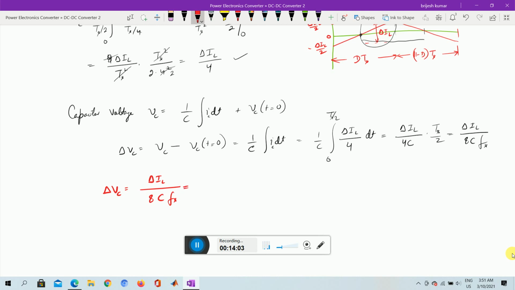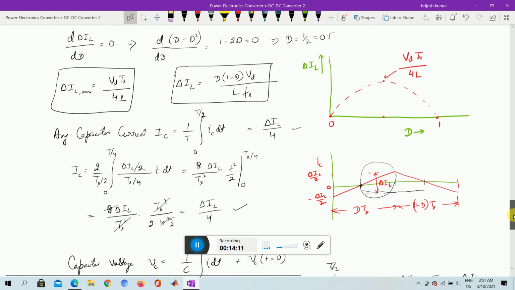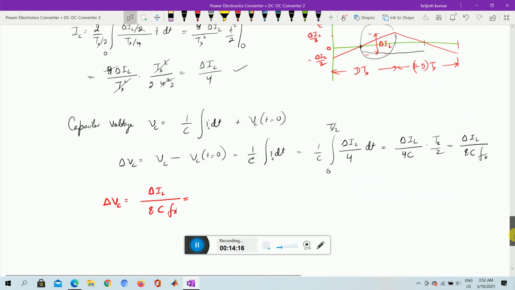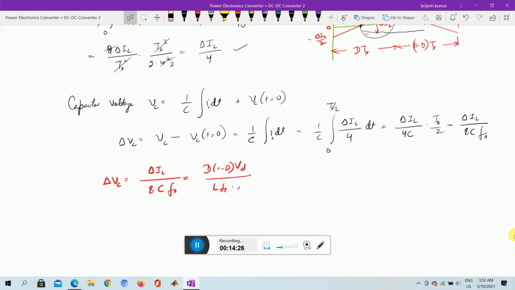If I substitute the value of del IL from our equation, d(1 minus d) Vd by L Fs, over 8C Fs, we can write this as d(1 minus d) Vd by 8 LC Fs square.